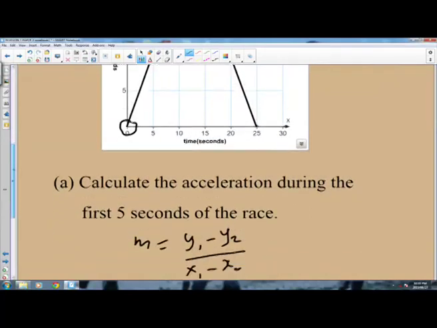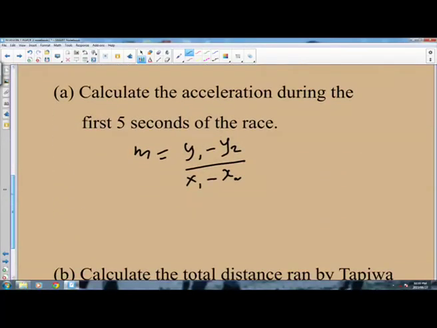Let's use them and find out what the slope will be.